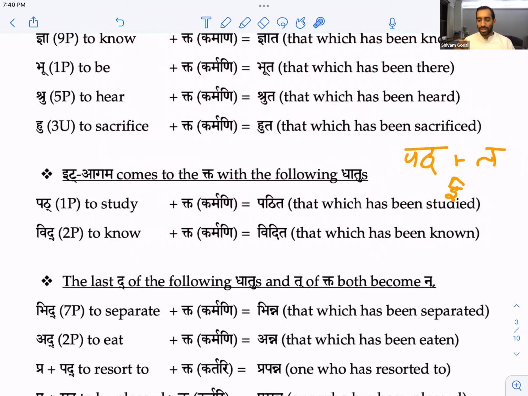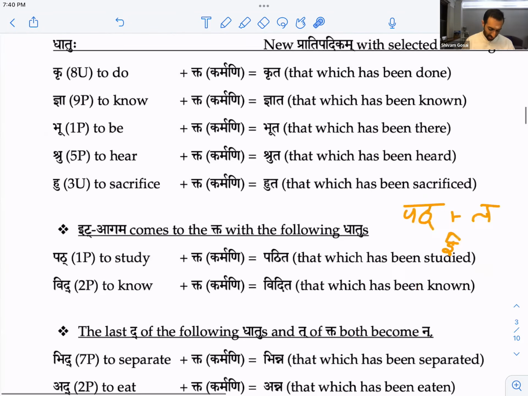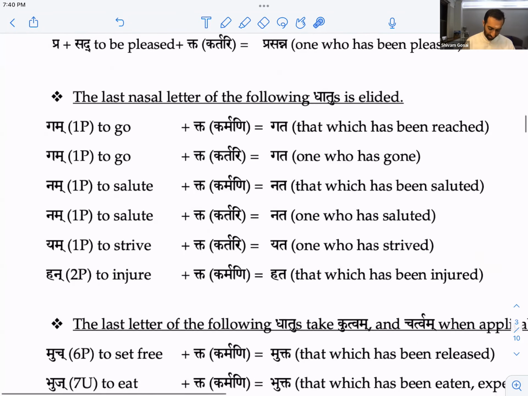How to differentiate? I got a question in private chat: how to differentiate karmani gata from kartari? How do you know whether it's kartari gata or karmani gata? You already know the answer. Context, exactly. Usually you can see, who is it referring to?